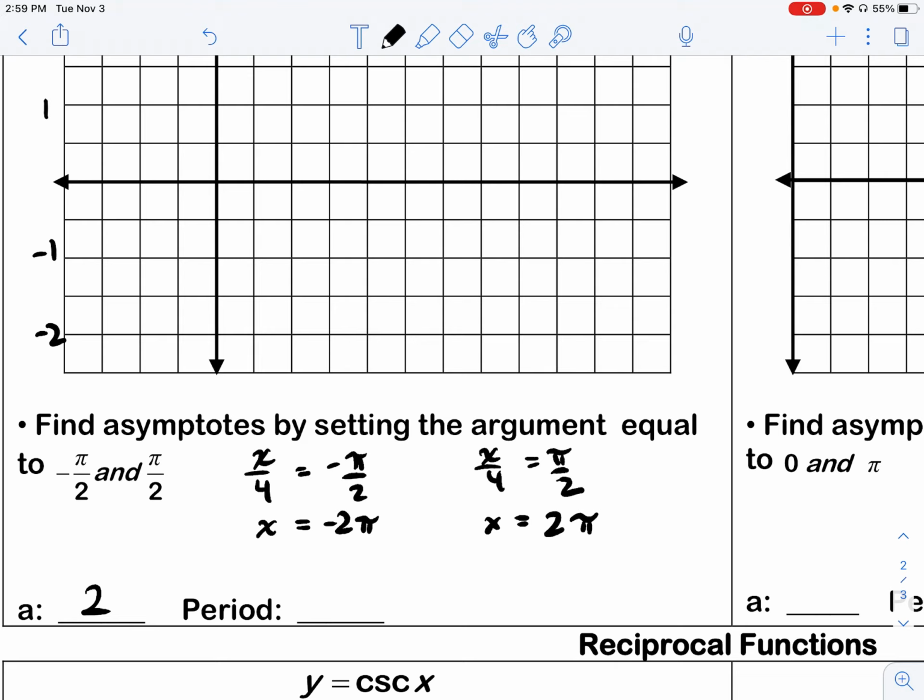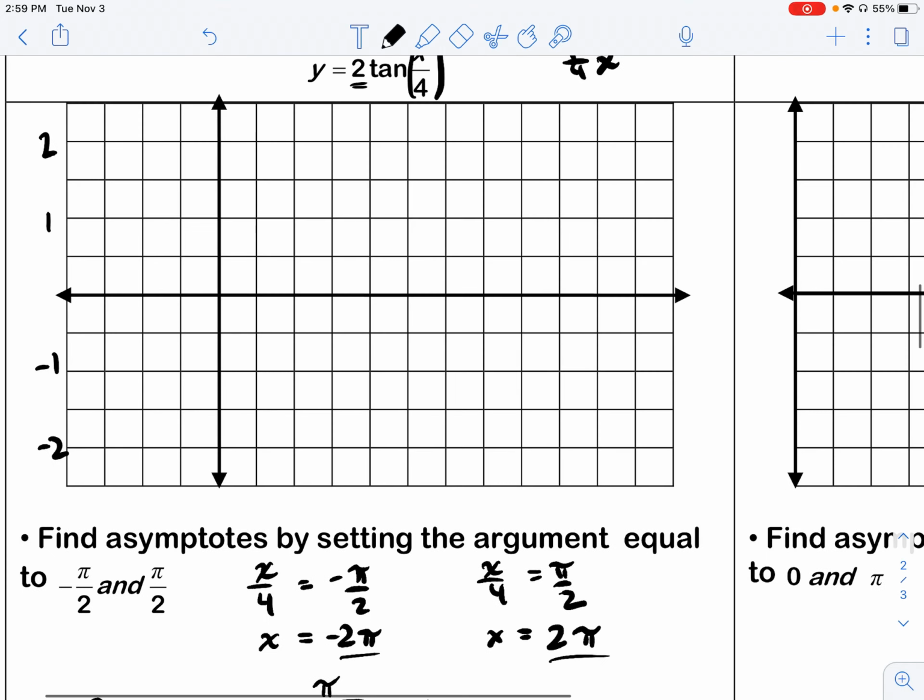We can see that it's the distance between negative 2 pi and 2 pi. You could also just say, all right, my normal period is pi, but if I divide it by my B value here, which is 1/4, I get 4 pi. So it doesn't really matter how you look at it, whether you look at it as the distance between negative 2 pi and 2 pi, they're all the same thing. So now we're ready to label our axes.